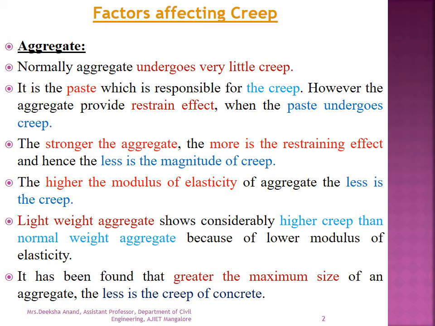The magnitude of the creep depends mainly on aggregate, water cement ratio, size of the specimen, temperature, intensity and duration of the stress, type of cement, humidity of the ambient air, moisture content of the concrete, and age at the time of loading.